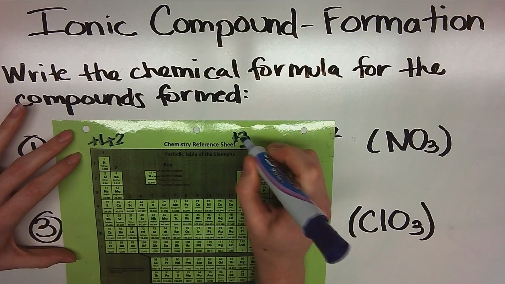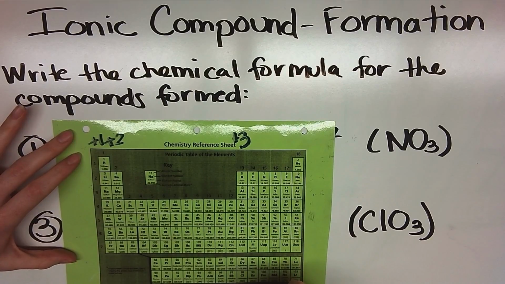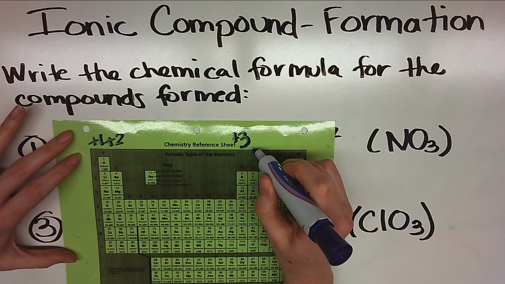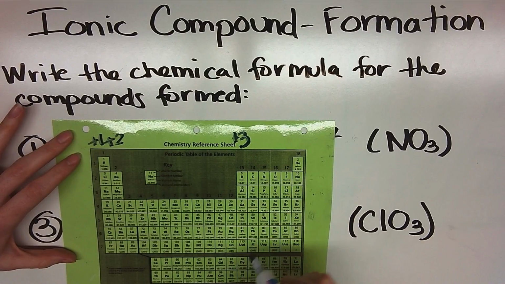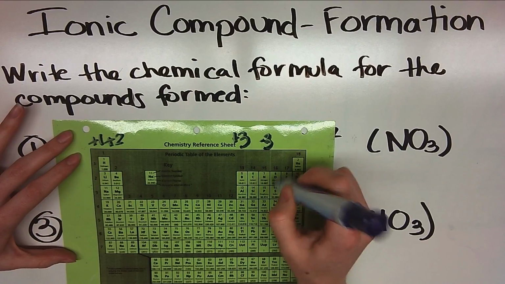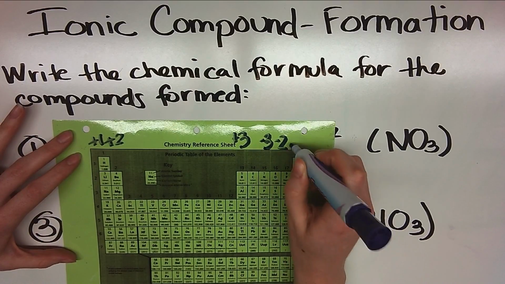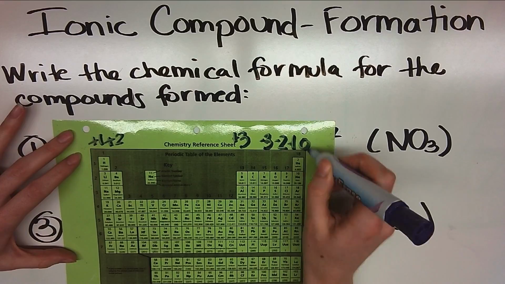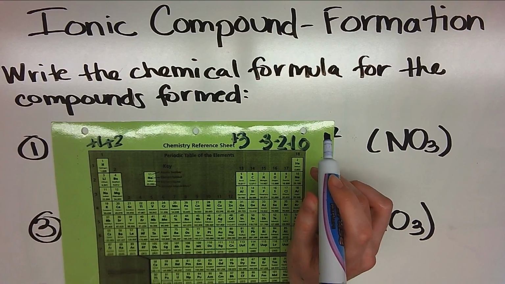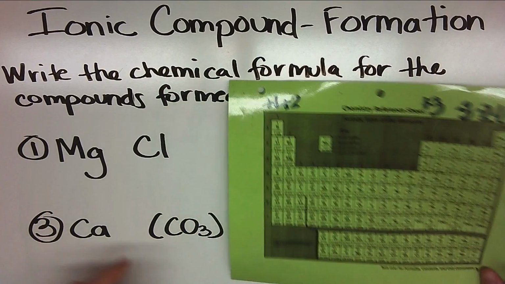Group 13 is +3. Remember, group 14 was either +4 or -4. I'm not going to focus on group 14. Group 15, -3. 16 is -2. 17, -1. And the noble gases, remember, do not form ions. So we're going to use this to help us.